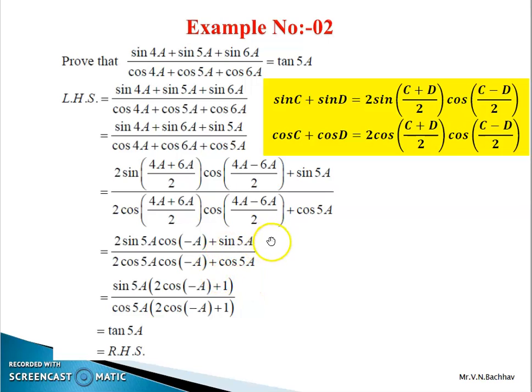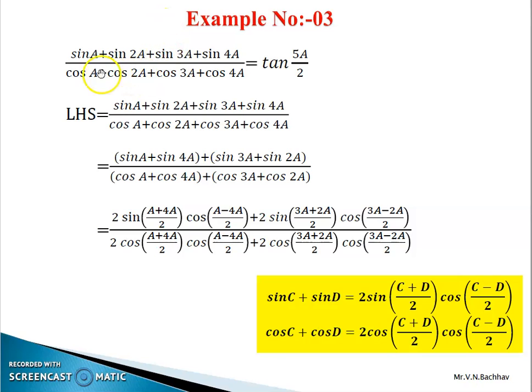Here we take sin 5a as common from the numerator and cos 5a as common from the denominator. So sin 5a in bracket (2 cos(-a) + 1), in the denominator cos 5a in bracket (2 cos(-a) + 1). We cancel the same bracket. We get sin 5a upon cos 5a, which is equal to tan 5a.